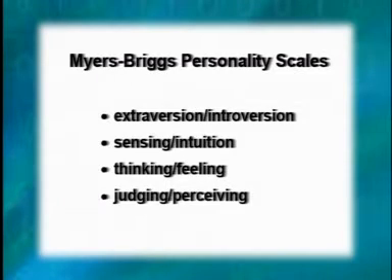The output of taking the test is that you get a score for each of these scales: how extroverted or introverted you are, where you are on this line, thinking versus feeling, whether you tend to think carefully about things or rely on your feeling about them. These are 4 independent axes.